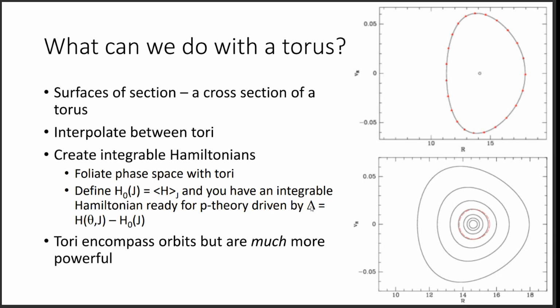And then I can define an integrable Hamiltonian as follows. I can say that H0, the integrable Hamiltonian that I'm defining at J, is the mean value of the true Hamiltonian, whatever it is, over the torus of J. So I can construct a torus for any J. I can, in a flash, or not quite a flash, but with not that much work, find out what the mean value of H is over there.